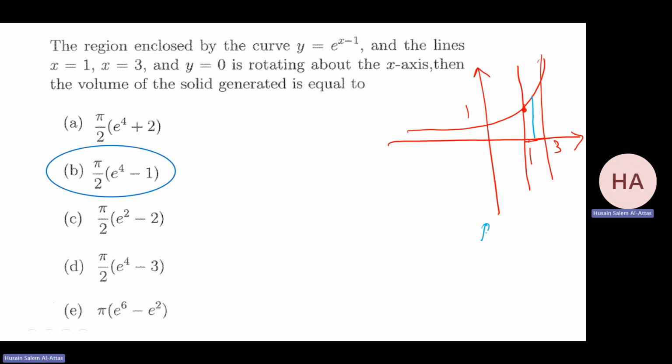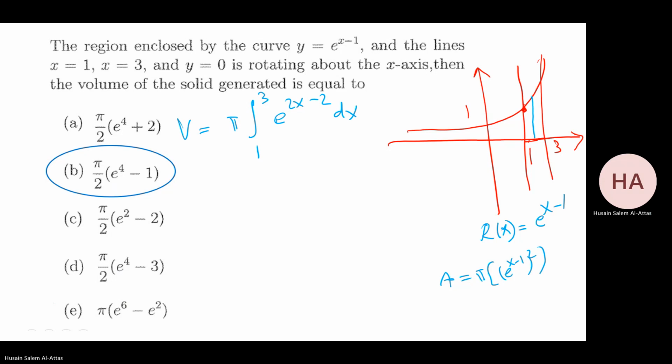So I have a disk. r of x will be e to the power x minus 1. And the area will be pi times (e to the power x minus 1) squared. So the volume will be pi times the integral from 1 to 3 of e to the power 2x minus 2 dx, which is pi times e to the power minus 2, from 1 to 3, of e to the 2x dx.